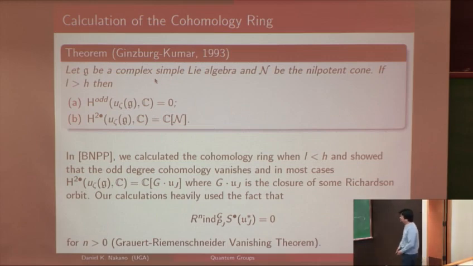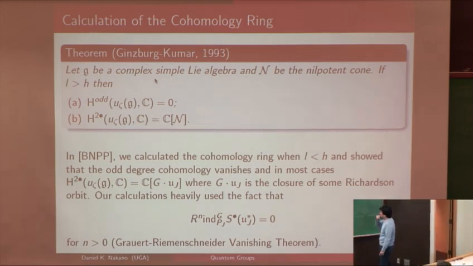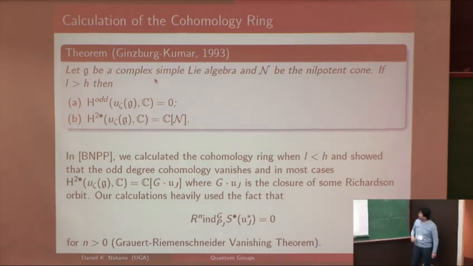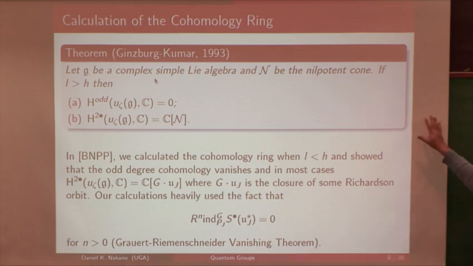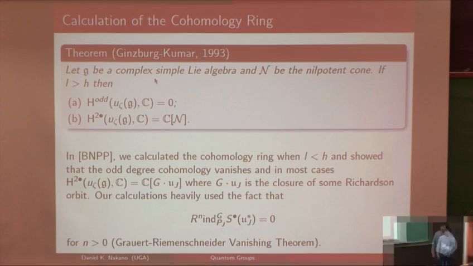All right, so I have to talk about a very, very important result. This result was proved by Friedlander and Parshall back in the 80s, and then it was proved with lower bounds by Andersen and Jantzen. So this is the quantum group version of their result. You take a complex semisimple Lie algebra, and let's say that l is bigger than h.